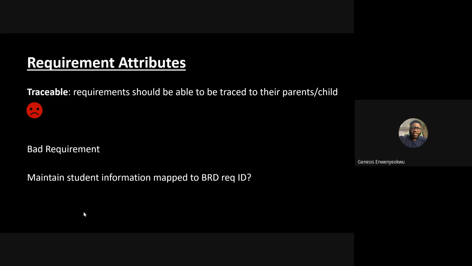You won't say the sign up feature has been explained in the BRD, please refer to the BRD for more explanation on the sign up feature. No, you won't do that. You have to be able to provide a traceability to that particular requirement in your BRD. So assuming the sign up feature has a unique identification of HLR 003, in HLR 003 was where you stated your sign up feature requirement.